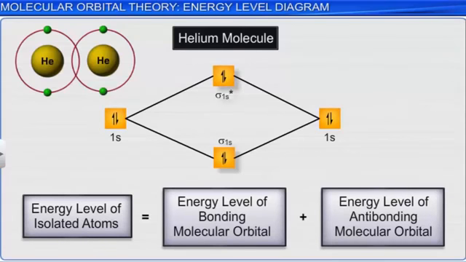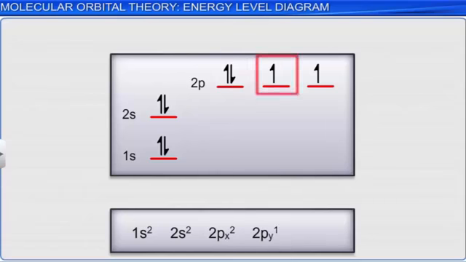Oxygen has the atomic configuration 1s2, 2s2, 2px2, 2py1, 2pz1. When two oxygen atoms come together, their 1s2 atomic orbitals combine to form two molecular orbitals.